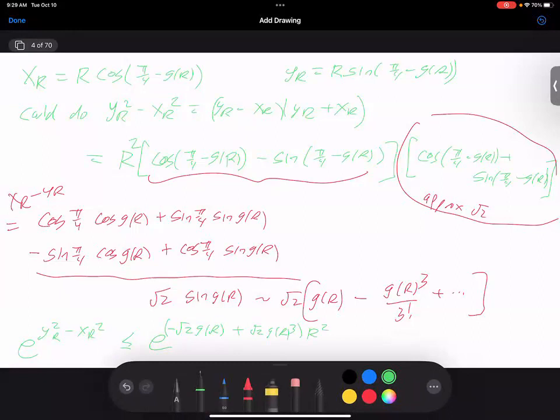Well, g of r is going to be at least 1 over r. So when we have r squared divided by that, the g of r cubed term doesn't really matter. So, again, I hope you can see with a little bit of algebra, this is at most 2023 e to the negative root 2 r squared g of r.